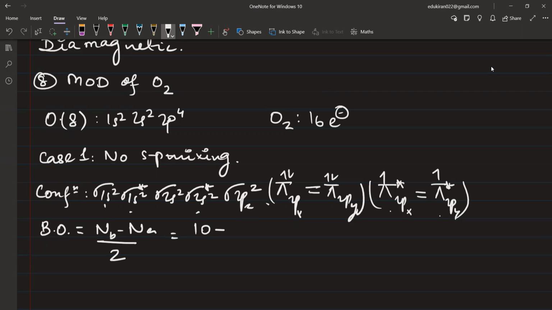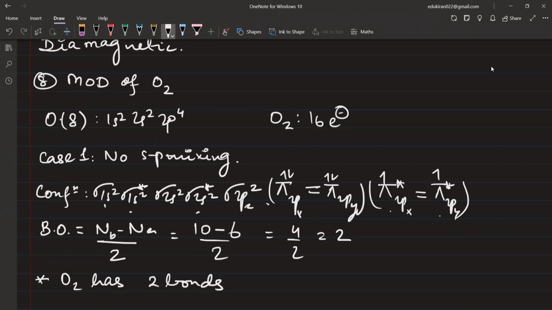So 10 minus 6 upon 2 will be equal to 4 upon 2. This will be equal to 2. So we can write that O2 has 2 bonds.